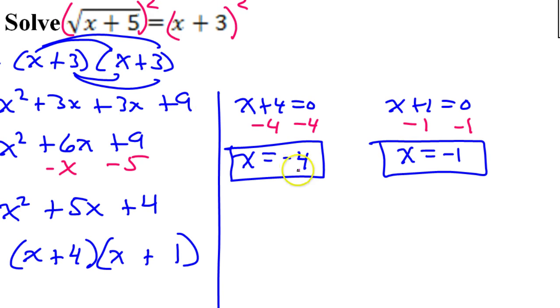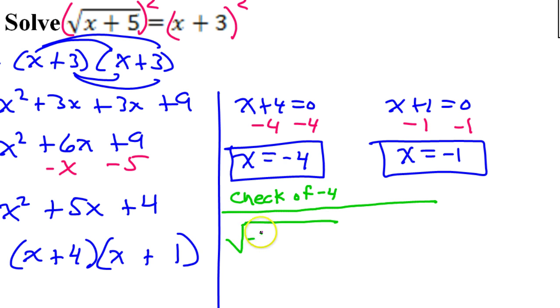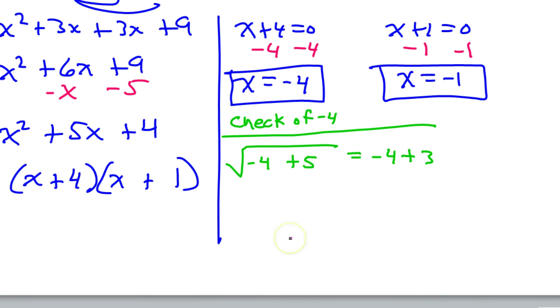If I do the -4, okay, so this is my check. If I do the -4, then that's going to give me the square root of -4 plus 5 is equal to -4 plus 3. Alright, I can already see this is not going to work, because I have a radical and I see this is about to be negative over here.